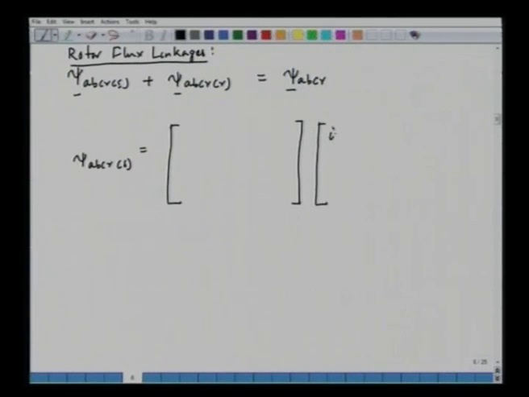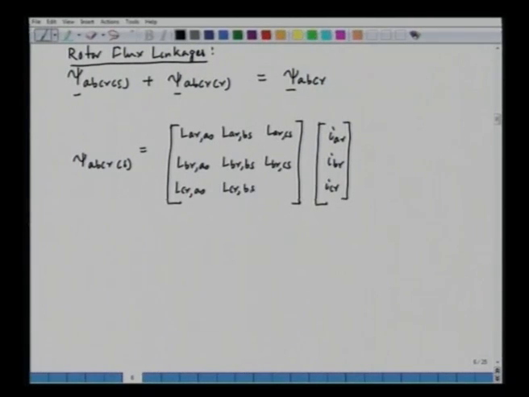I have here the currents IAR, IBR, and ICR, and here I have LAR AS, AR BS, AR CS, and BR AS, BR BS, BR CS, CR AS, CR BS, CR CS.